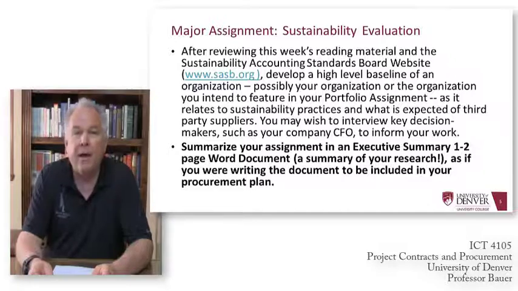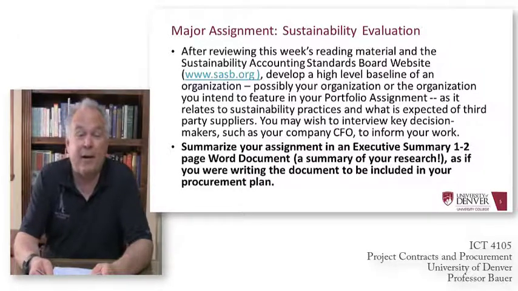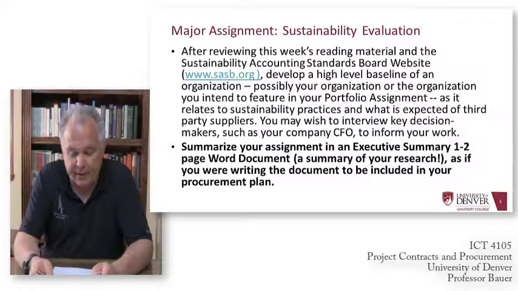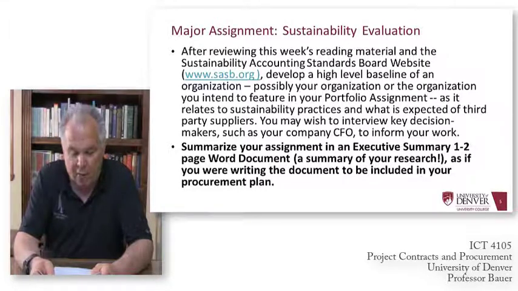And so your job is to get a high-level baseline of a company. It can be your own company, another company you admire, a company you hate, all those different kinds of things. We're not going to publish this. It won't be in your portfolio unless you want it to be there. So have at it. If you know people in the organization and you want to talk to them, go right ahead.